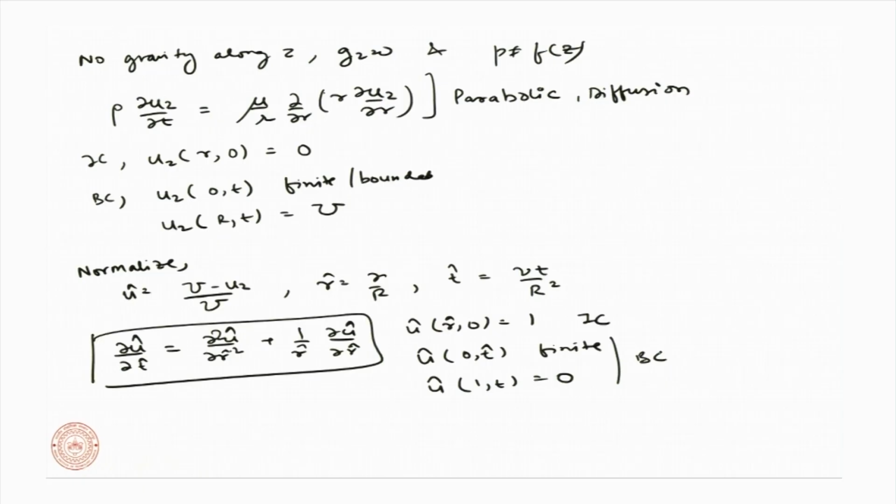If you want to solve this, this is a Sturm-Liouville problem, and we solve it by the separation of variables. So, I would like you to try it first before you look into the solutions that I am doing.